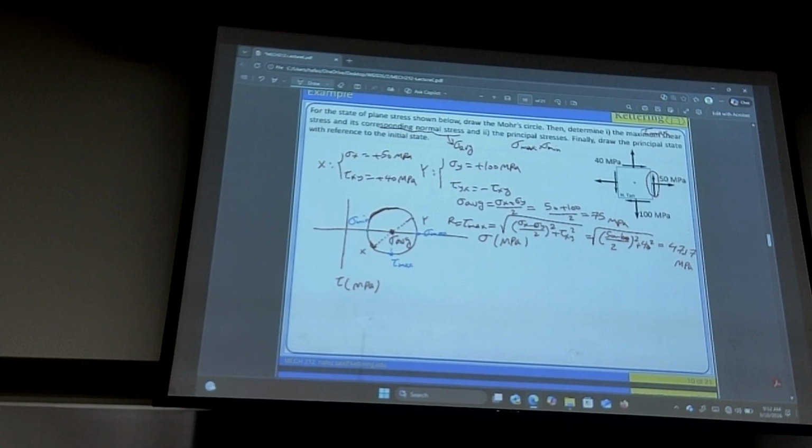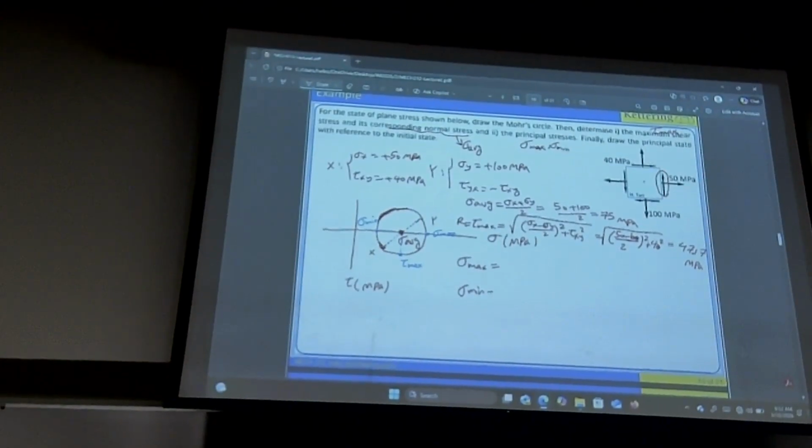All right, so we have tau max. Corresponding normal stress, sigma average, we already did that, sigma max, sigma min. Jesus, give me the equation for sigma max and sigma min, please. Sigma average plus R for max, and sigma min is sigma average minus R. That's good. This one is straightforward.